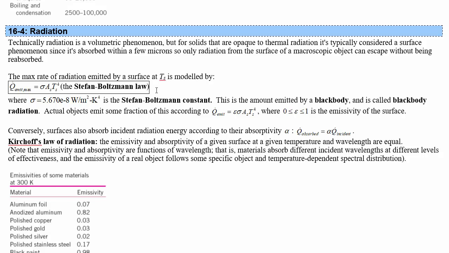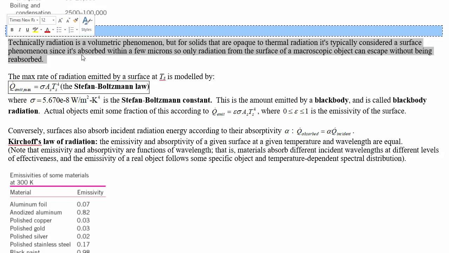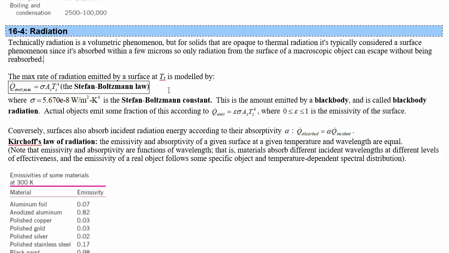Moving charges radiate away energy, and so electromagnetic radiation should be showing up just from the temperature of an object. For a real solid, the internally radiated energy is recaptured. So for most practical purposes, we consider it a surface phenomenon, even though technically speaking, it's a volumetric phenomenon.